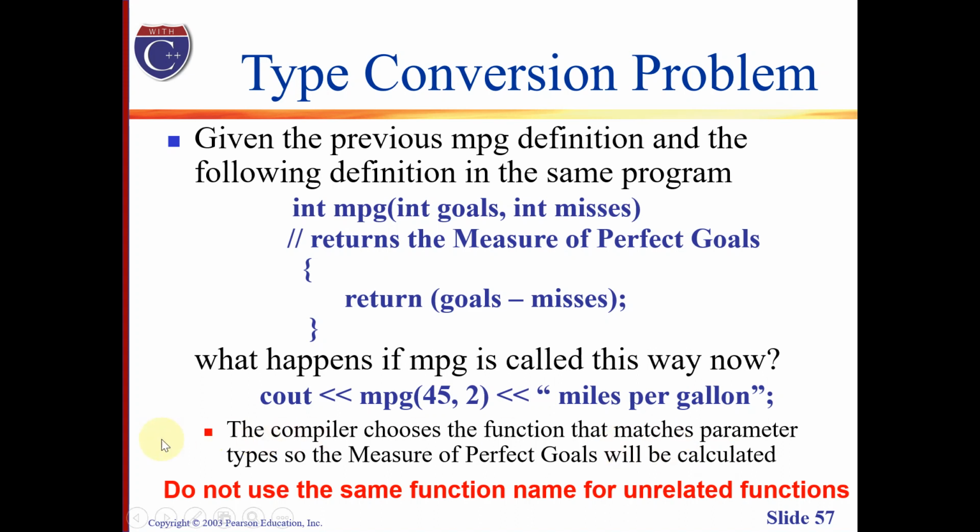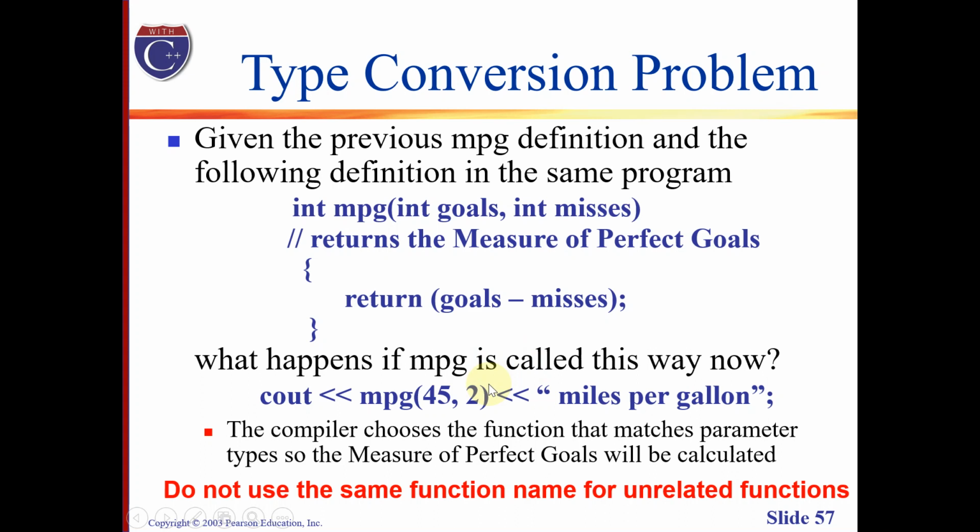So the lesson here is that we should not use the same function names for unrelated functions. As you can see here, miles per gallon is completely different from measure of perfect goals, and of course, they are completely unrelated to each other as far as logical use of such name is concerned.